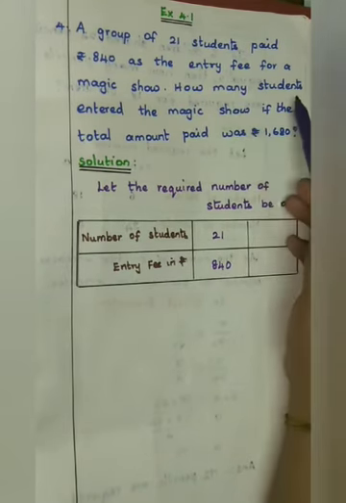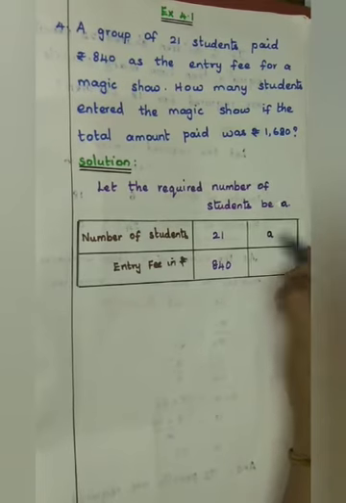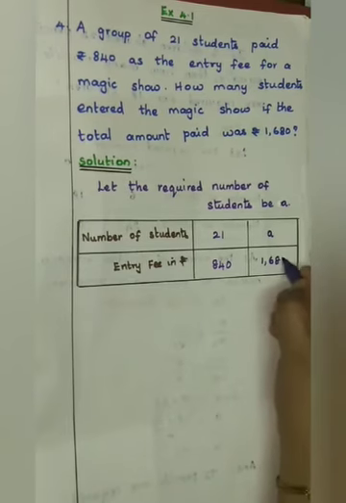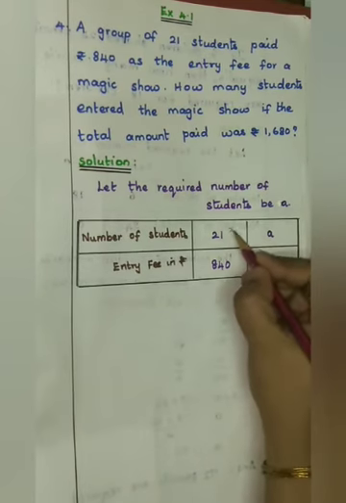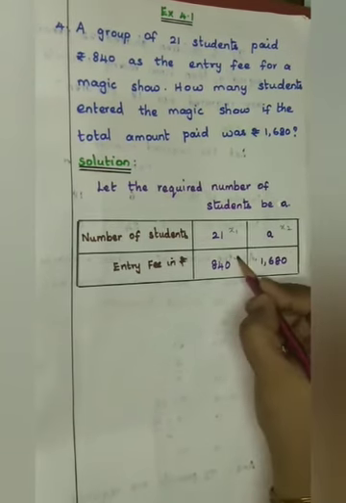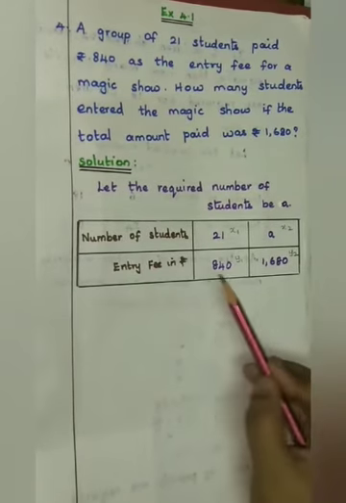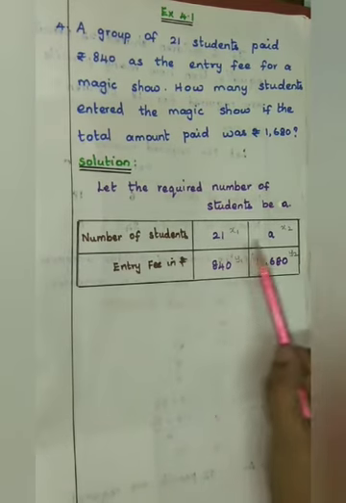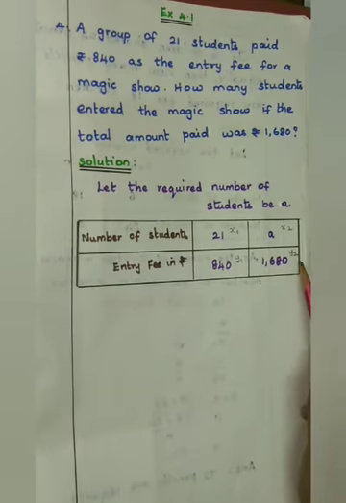We are asked to find the number of students, so we assume that to be A. So write A here. And the amount paid was 1680. Take this as x1, x2, y1, y2. We know that if the amount paid as entry fee increases, the number of students entered also increases. So this is direct proportion.